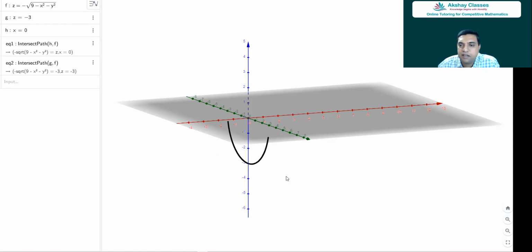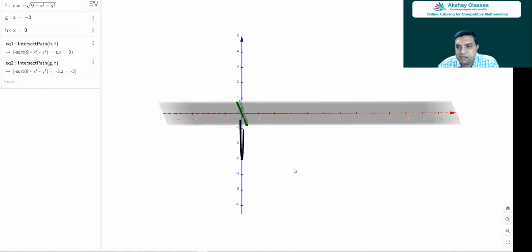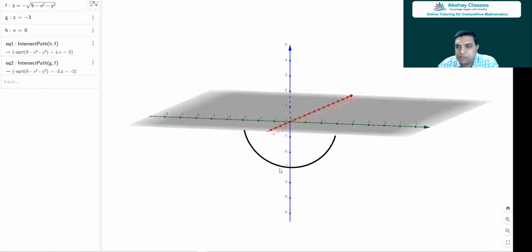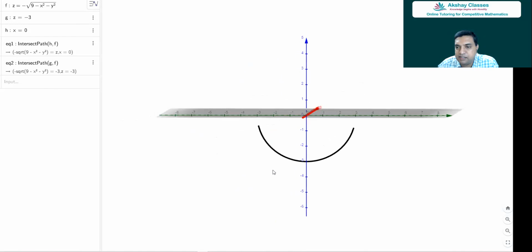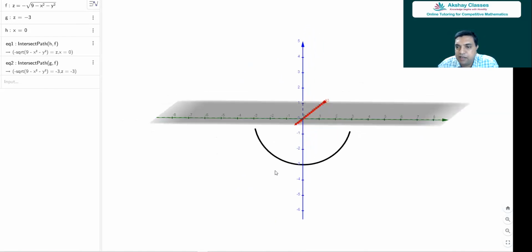Now this path, red line is the x-axis. Now this is the y-axis. So I'm moving in the y direction.